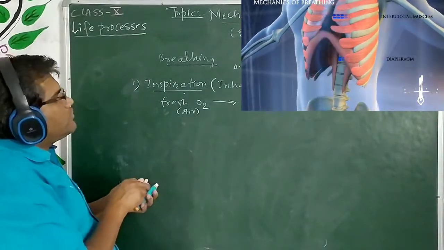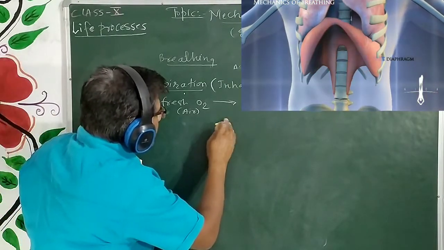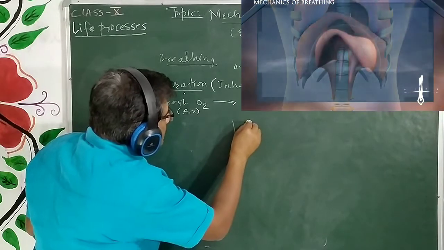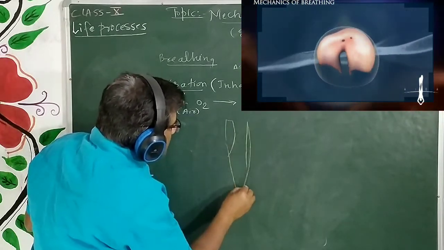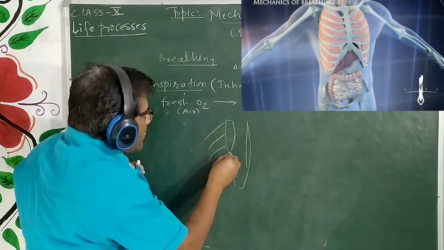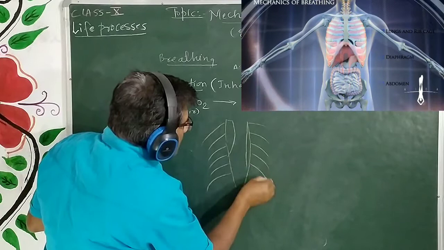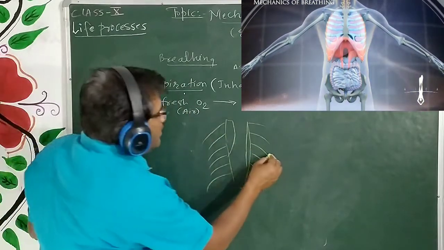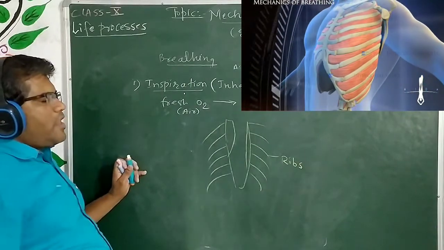For this, we should first understand the ribs. We have the sternum part here, and this structure; these are called the ribs. In human beings, there are 12 pairs of ribs.